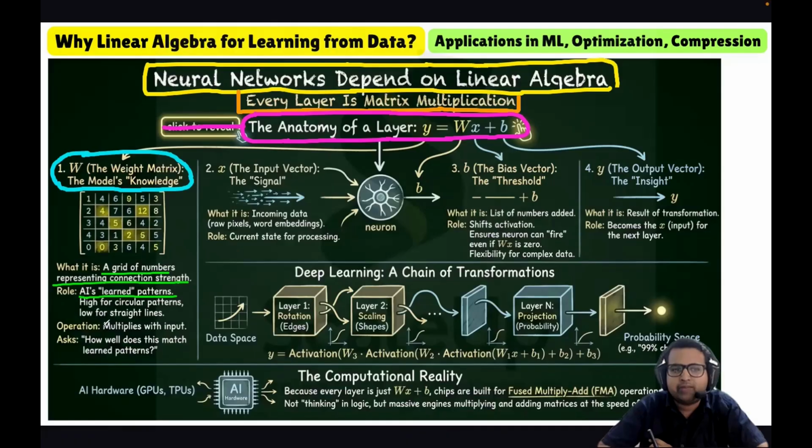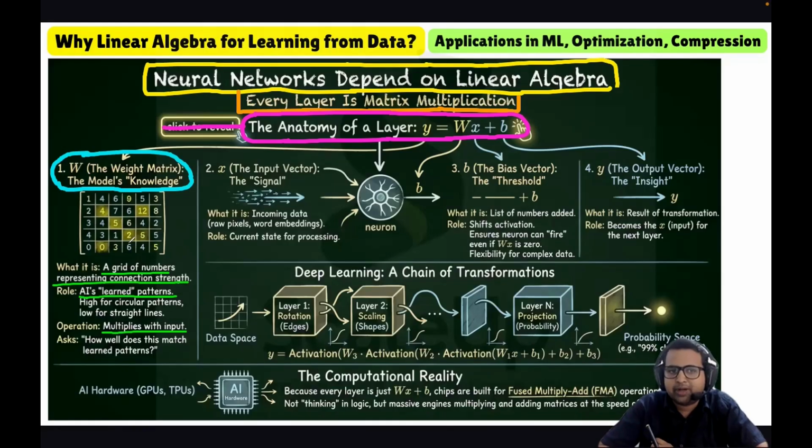When we multiply the weight matrix with the input vector x, you are essentially asking how well this input matches the patterns I have learned.